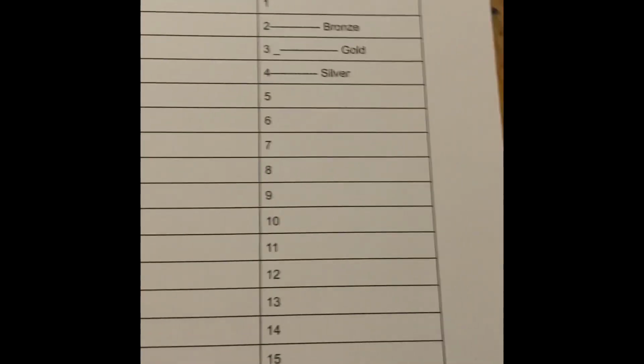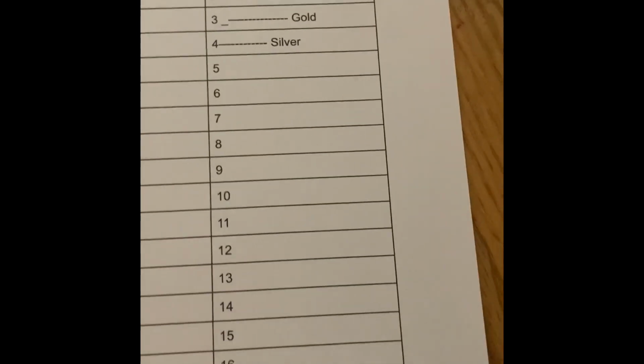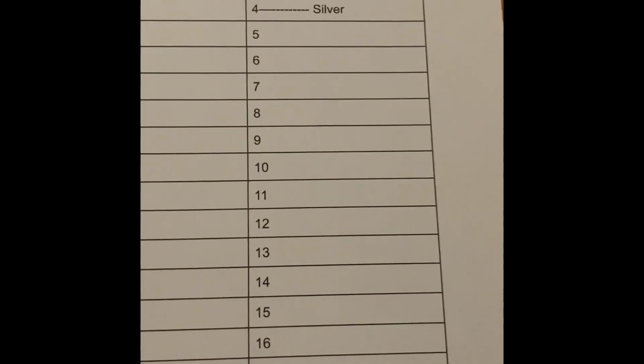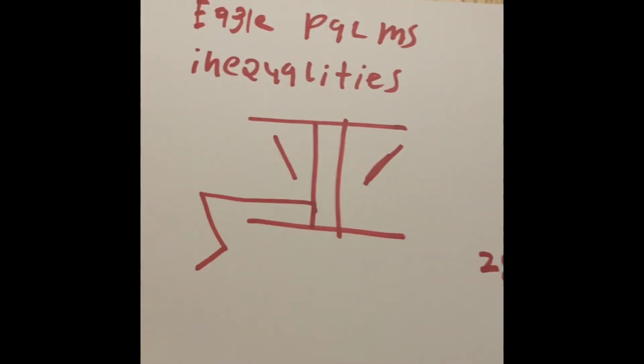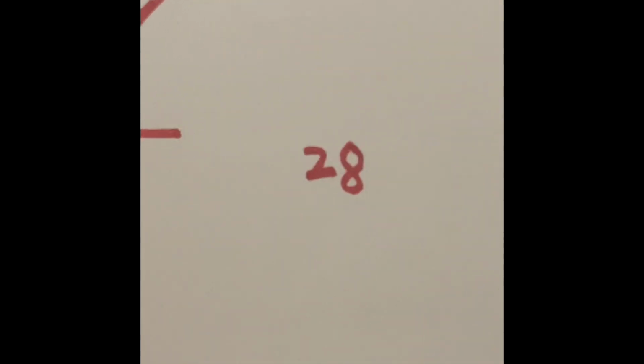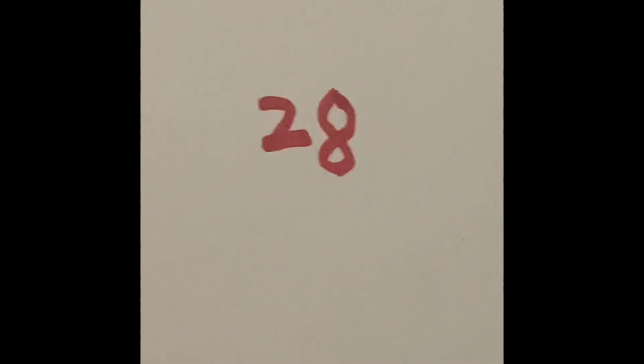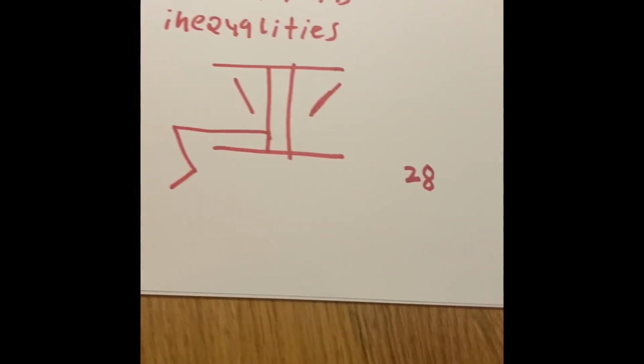And every 5 badges you earn will get some palms. The order goes from 5, 10, 15, 20, and you go from bronze, gold, silver. Bronze, gold, silver. So now you have to understand, for a Boy Scout that's an Eagle Scout that has 28 badges, how many palms will he get?